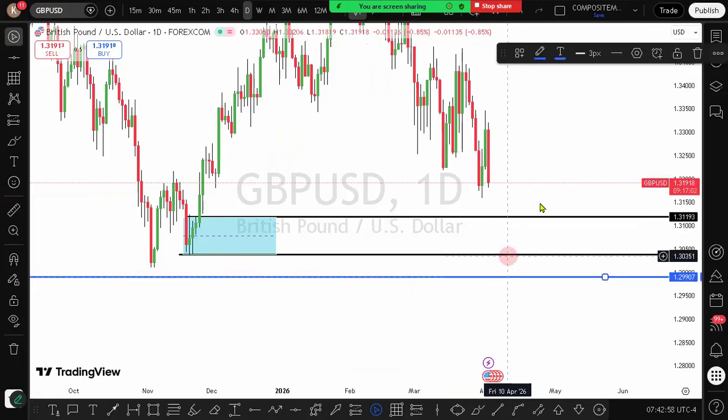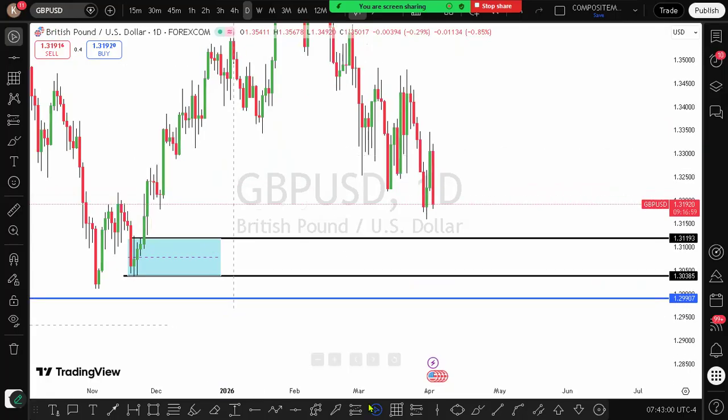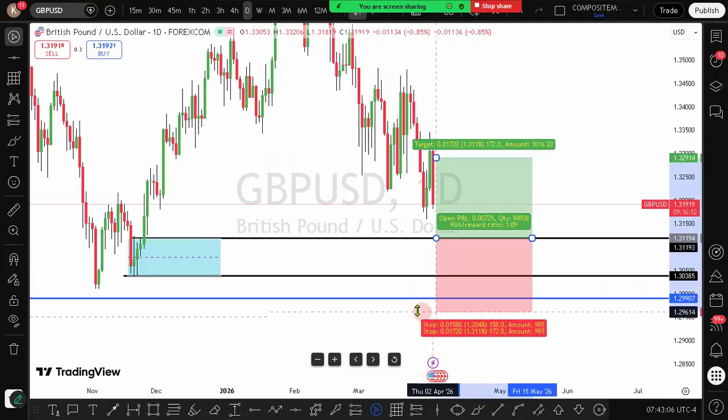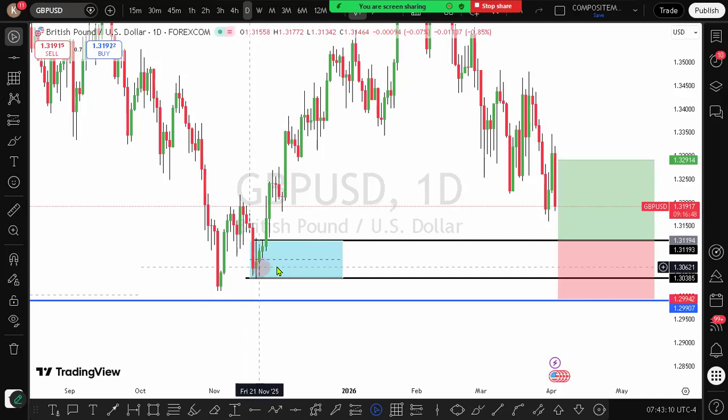So that's where I'll put my stop. Long position here, stop loss here.